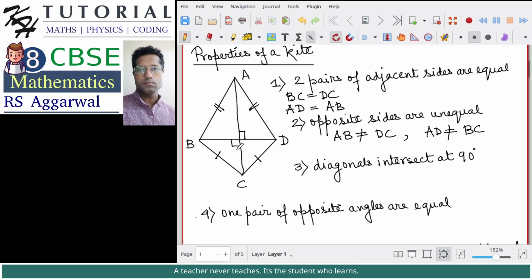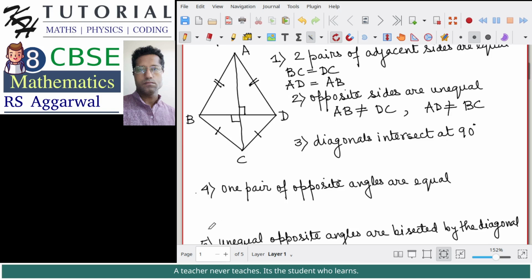So the way this kite has been drawn, here we will have angle B equal to angle D. And of course, angle A should not be equal to angle C. If angle A becomes equal to angle C, then this quadrilateral will become a parallelogram.